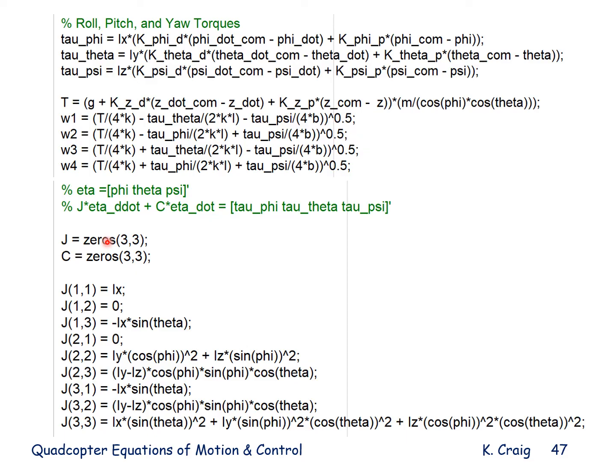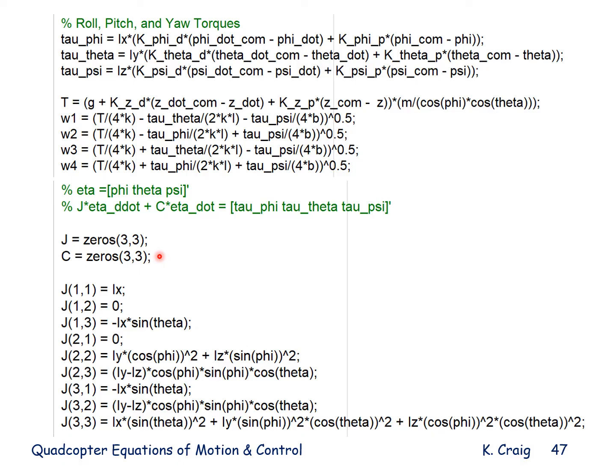J is the 3x3 matrix, which multiplies eta double dot, which is the angular acceleration of the three orientation generalized coordinates. C is the 3 by 3 matrix that multiplies the eta dot, the derivative of the three orientation generalized coordinates.